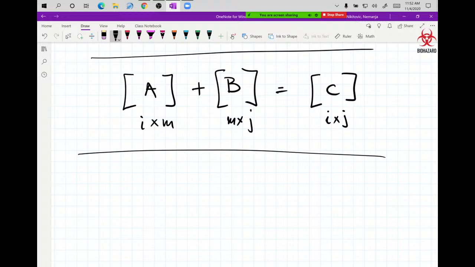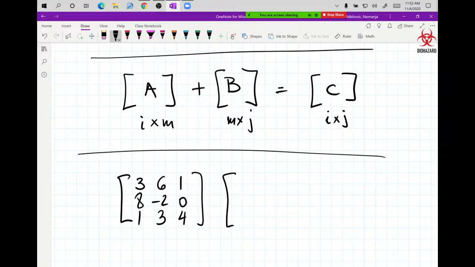Let's take a look at multiplication then. If I have matrix 3, 6, 1, 8, negative 2, 0, and 1, 3, and 4, and that multiplied by, now, as you can see here, I am forced to have 3 entries to begin with, because I have 3 columns on the first matrix.